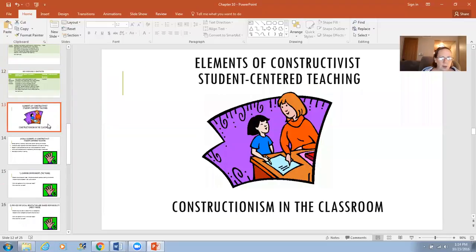Okay, so let's talk about the elements of constructivist student-centered teaching. Student-centered teaching is just that: teaching based on the student. Another way of thinking about this is constructivism in the classroom.